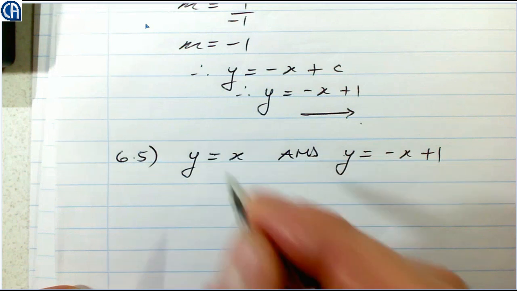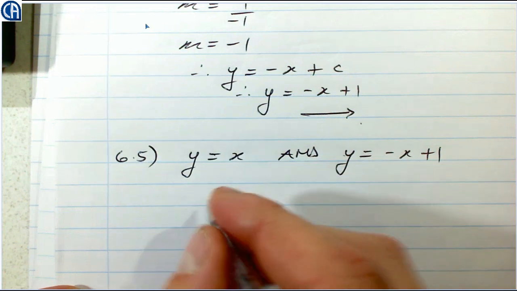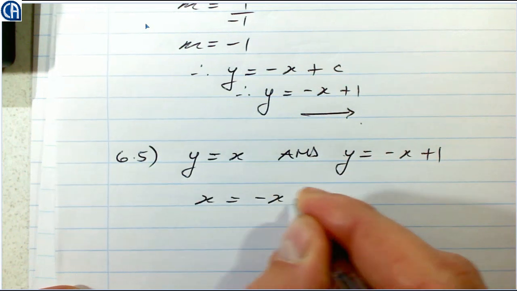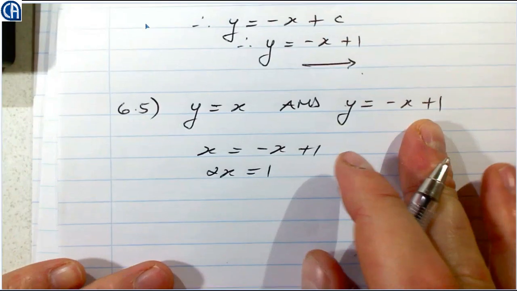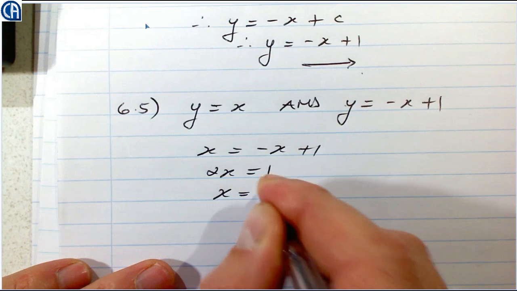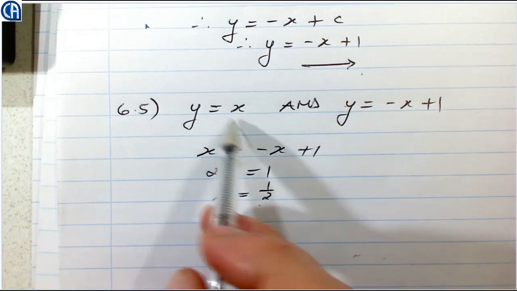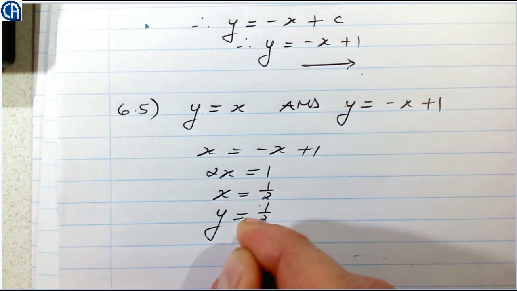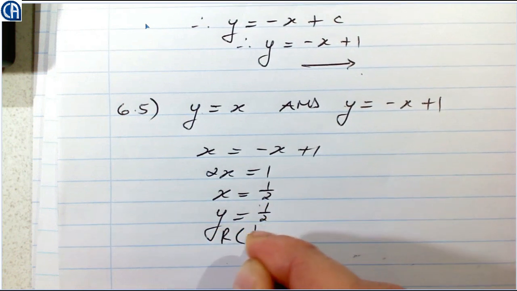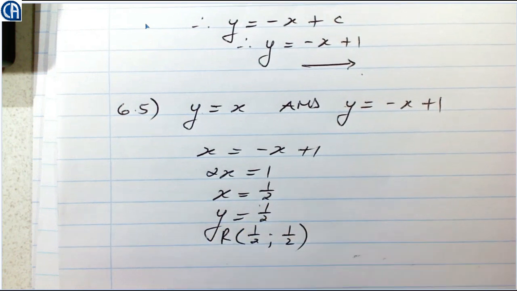So make these two equations equal to one another. So therefore x is equal to a half. So if x is equal to half, y is equal to half as well. So the coordinates of R are half and half.